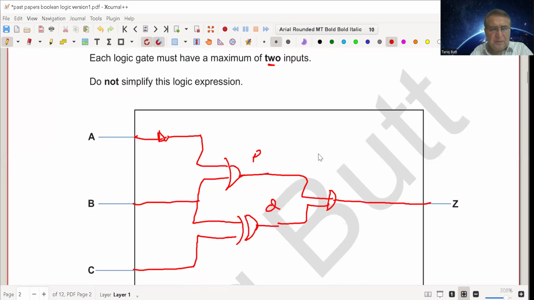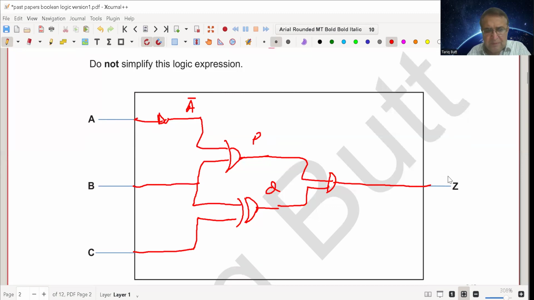So this is the logic circuit. You may call this not of A, or just A bar, or A prime. So this is a circuit for the given logic expression.